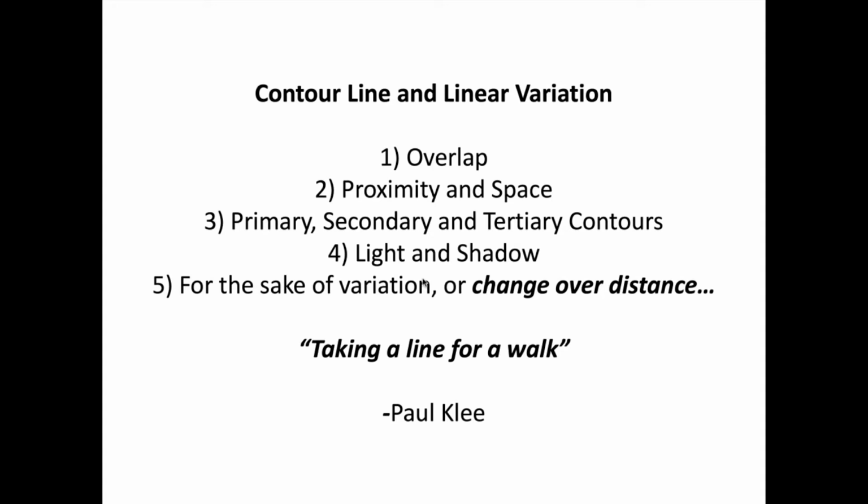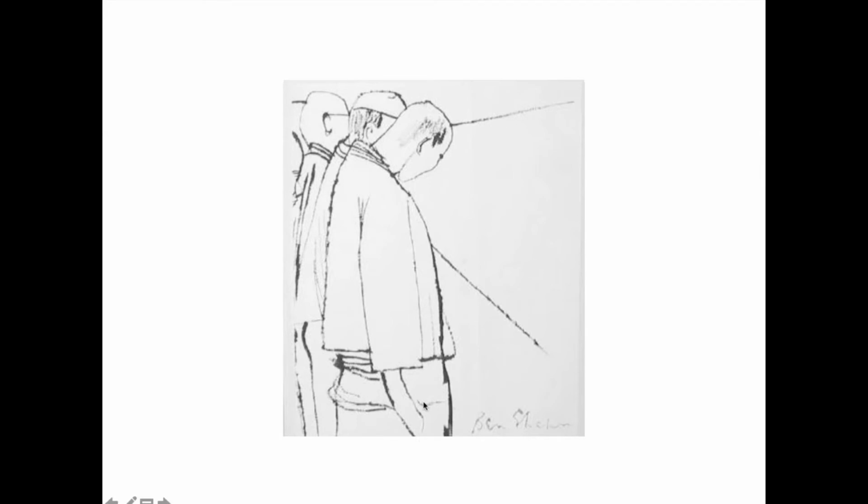And then finally, there's change or variation or dynamic for the sake of change or variation or dynamic. So again, when we look back here, there's really no reason that Ben Shahn created those awkward jitters and swelling and angularity of the line, other than just to create a creative kind of line.